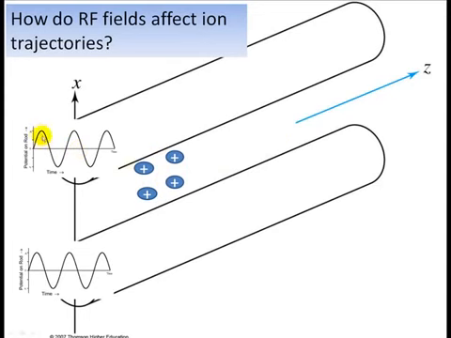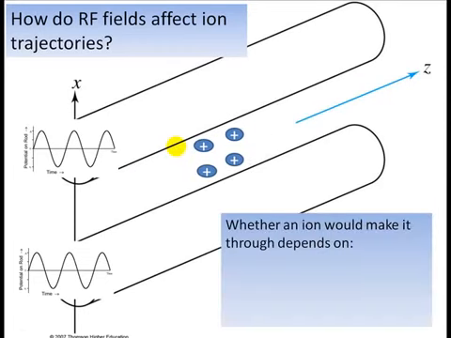The times that the voltage is positive are not necessarily a problem for the ions in terms of whether or not they make it through the other end. They would just be repelled. But it would be a problem for the ions when the voltages are negative, and the ions are attracted to the rods. If they accelerate enough to hit the rods, they're just going to crash there, and they will never make it through.